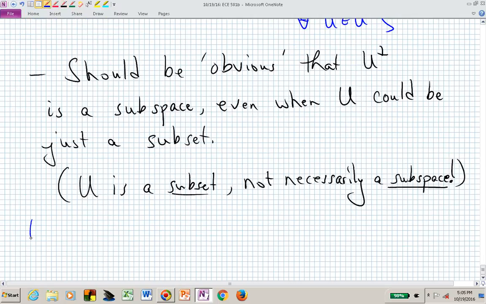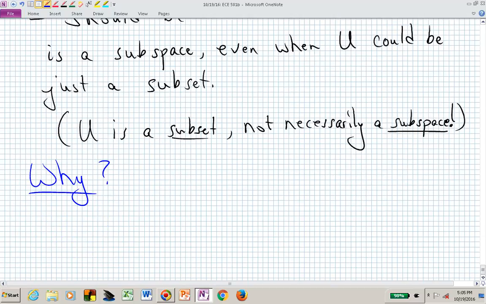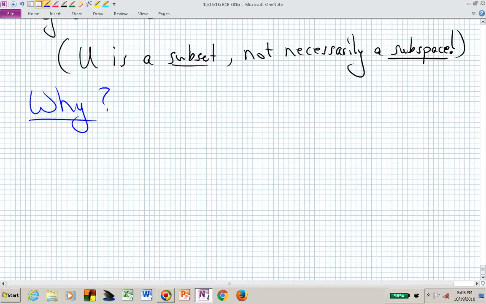And it's okay to be putting on our 2-year-old hat and saying why. So let's now figure out why this is a subspace when we start with the subset. Why is its orthogonal complement, in fact, a subspace?